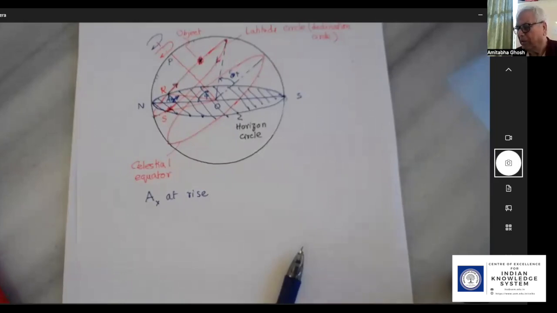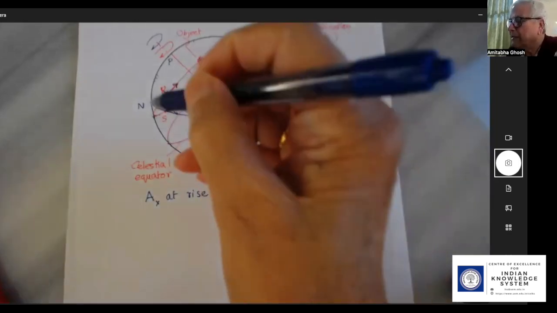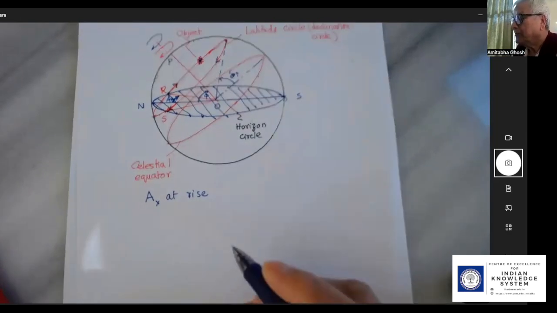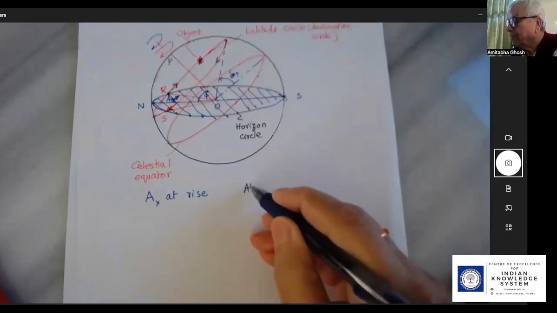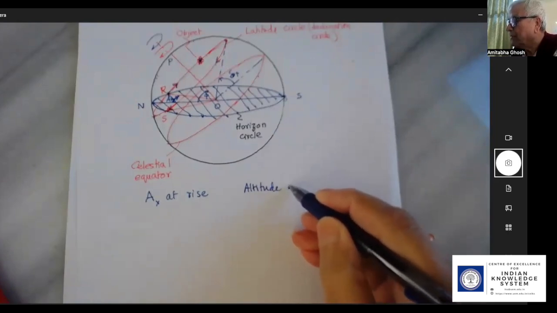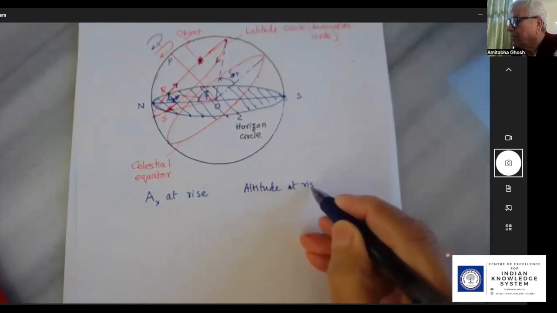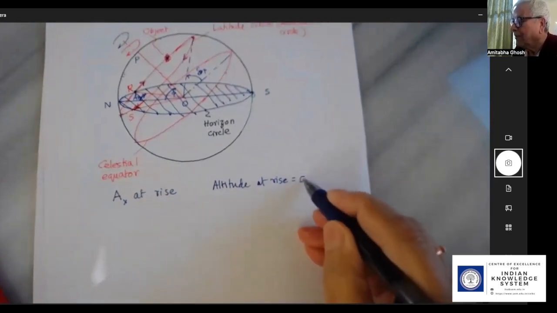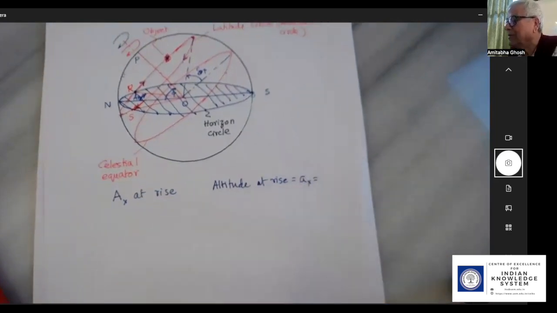Now, what we mean by rising is that this object's altitude is how much? Subrata, can you tell me what will be the altitude of rise? How much?